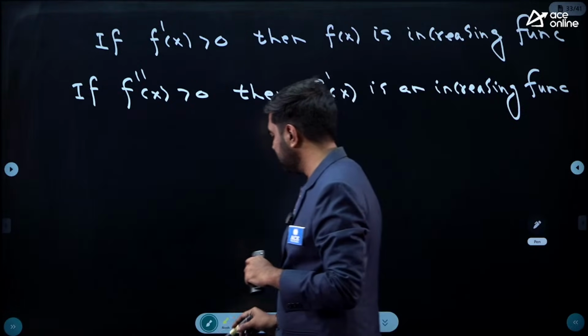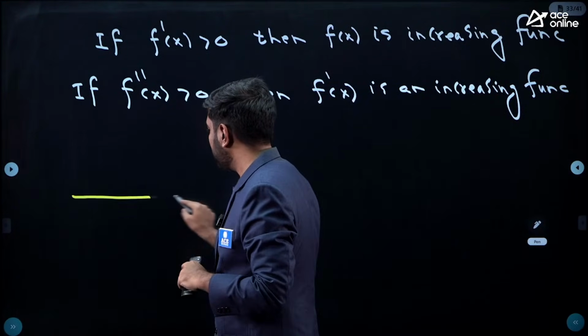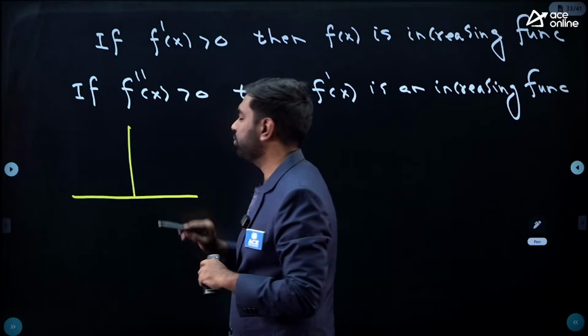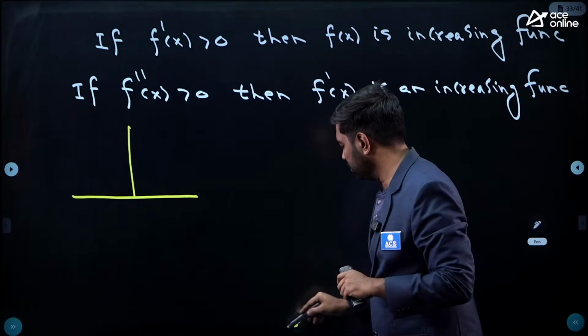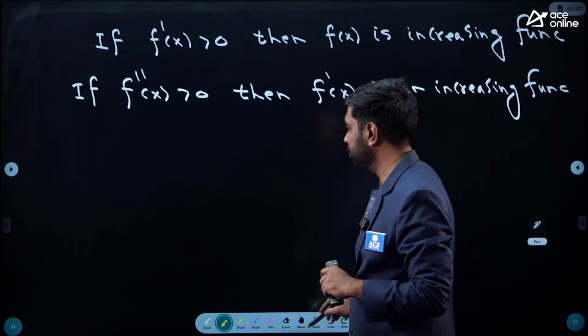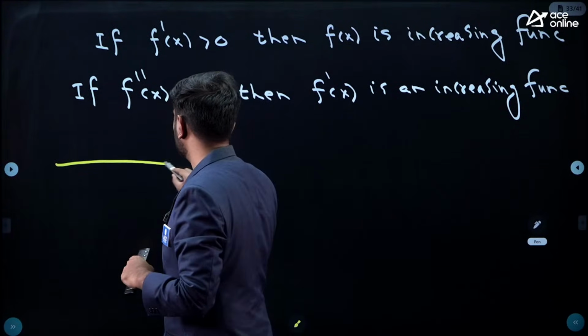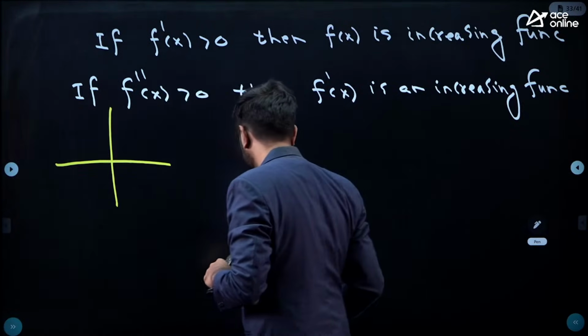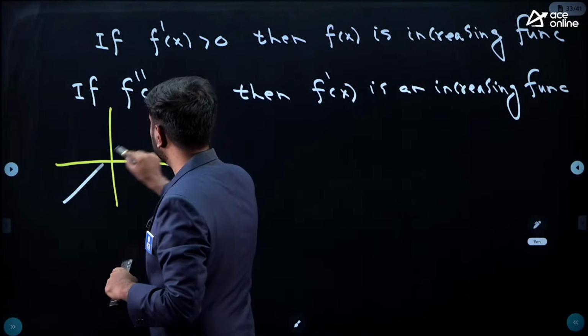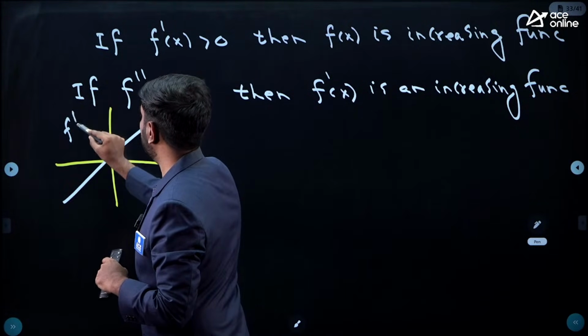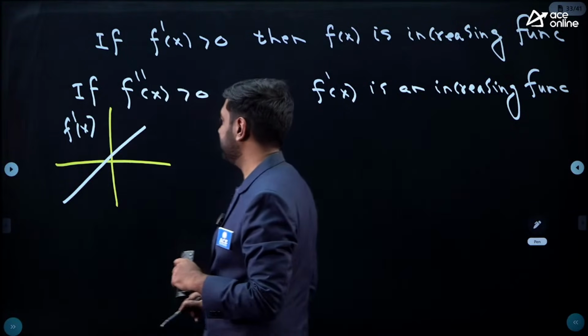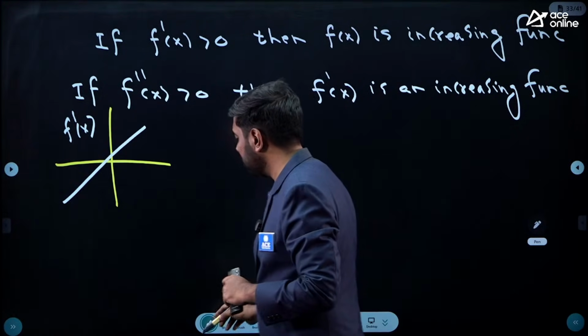This will almost give us the answer. I'm trying to look at how f dash of x looks. So it should be like an increasing function. I'm just roughly showing you how an increasing function looks. Maybe something like this. Your f dash of x should be like this, or it can be like this also.